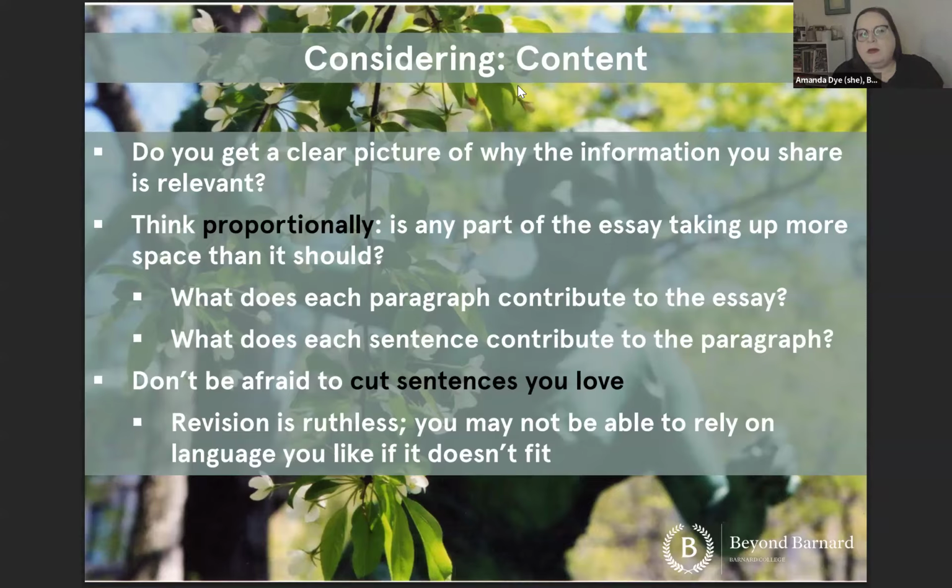The next step beyond relevance generally is about the proportions of your essay. I will tell you up front, if you reach out to me for comments, in all likelihood, one of the first things that I'm going to say to you is there are parts of this essay that I think you could pare back on, and parts that I think you could expand on.